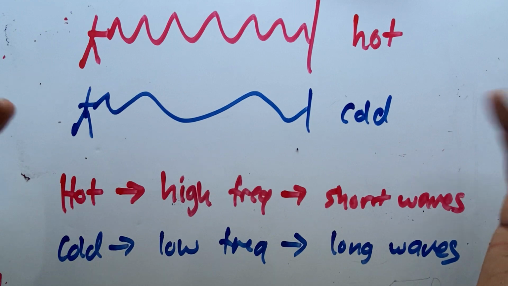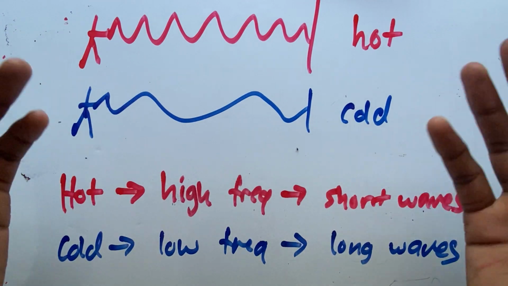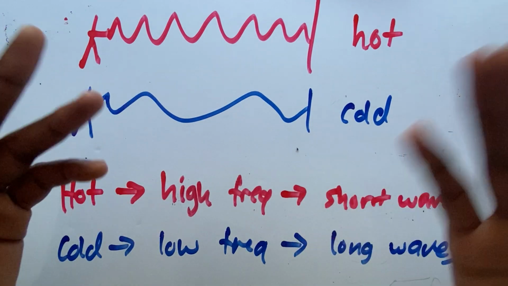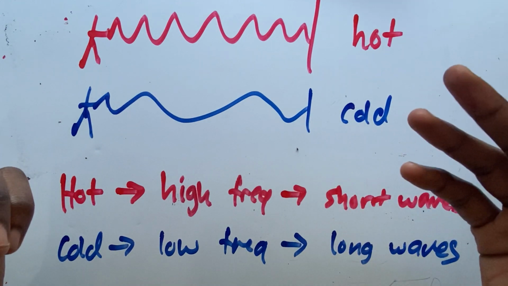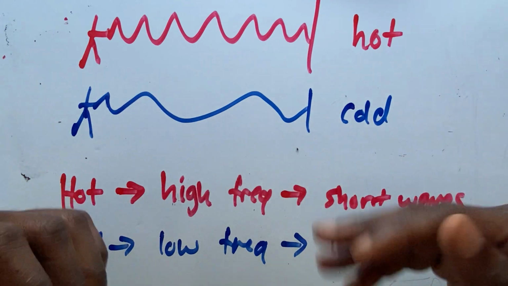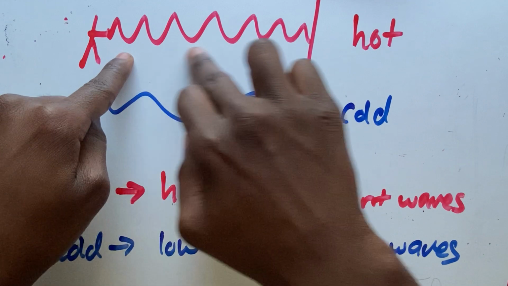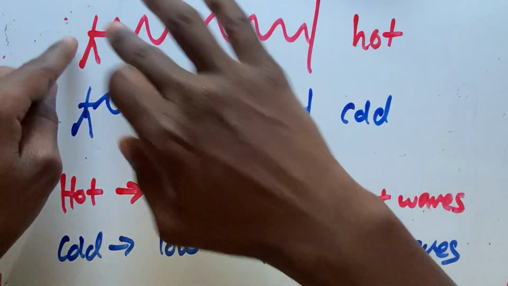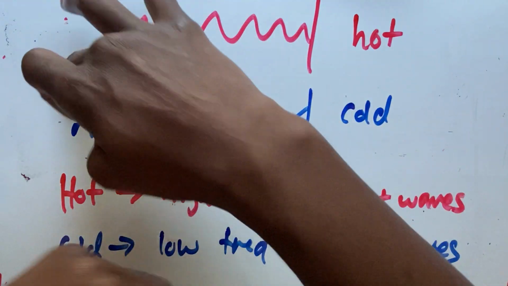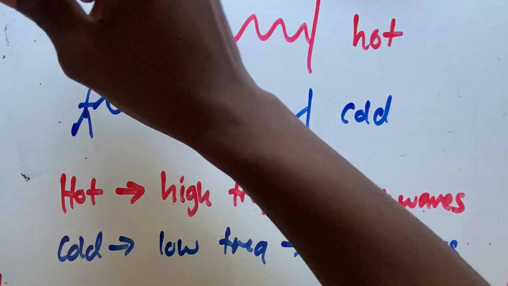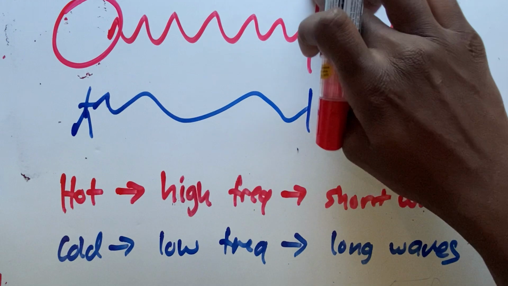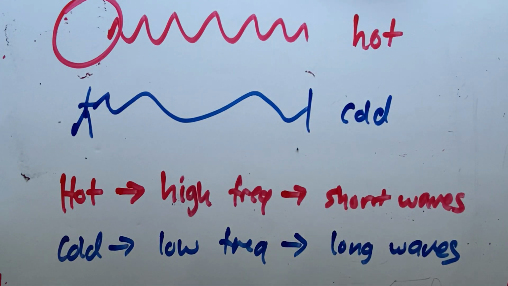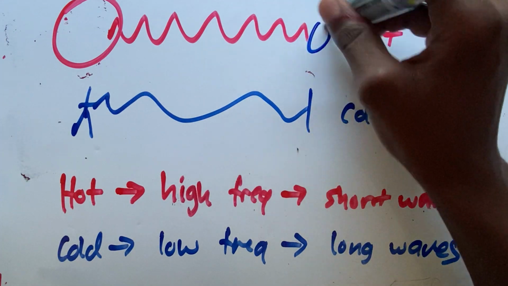And so some other things that also radiate are things like our sun. Obviously, our sun is constantly radiating energy that is hitting our earth. So you can imagine this being the sun because the sun is very, very hot, and so it's radiating these high frequency waves. Make this the sun, and let's put the earth over here.